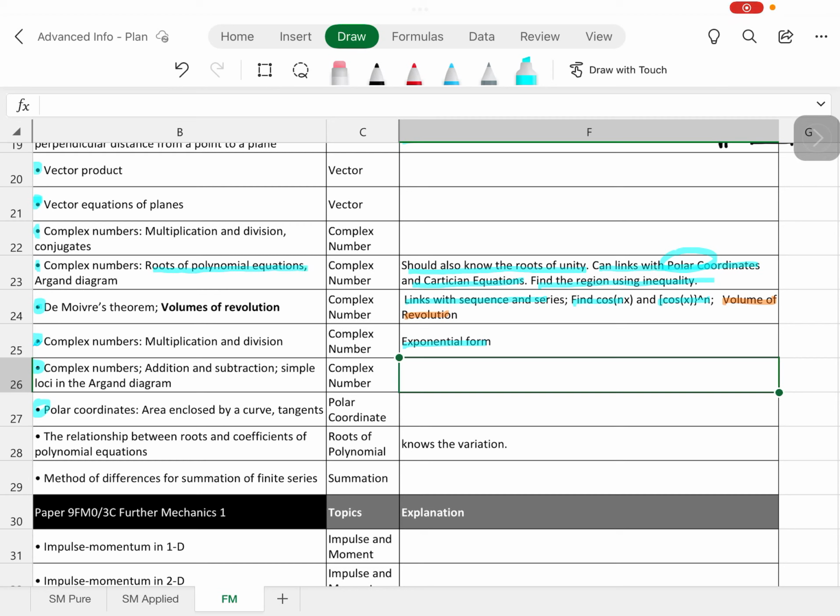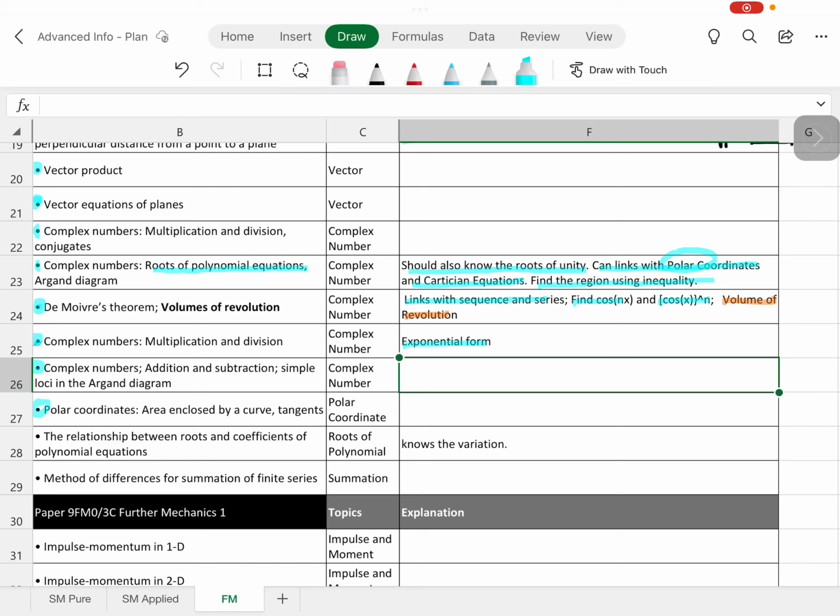But when you have vertical, that means my gradient is undefined, which means dx over d theta is equal to 0. Okay? And finding the areas. Yes, I think you need practice. People who know it, really know it. People who don't know it seem to lack understanding of everything. Yes. So ask your teacher if you need practice with polar coordinates.